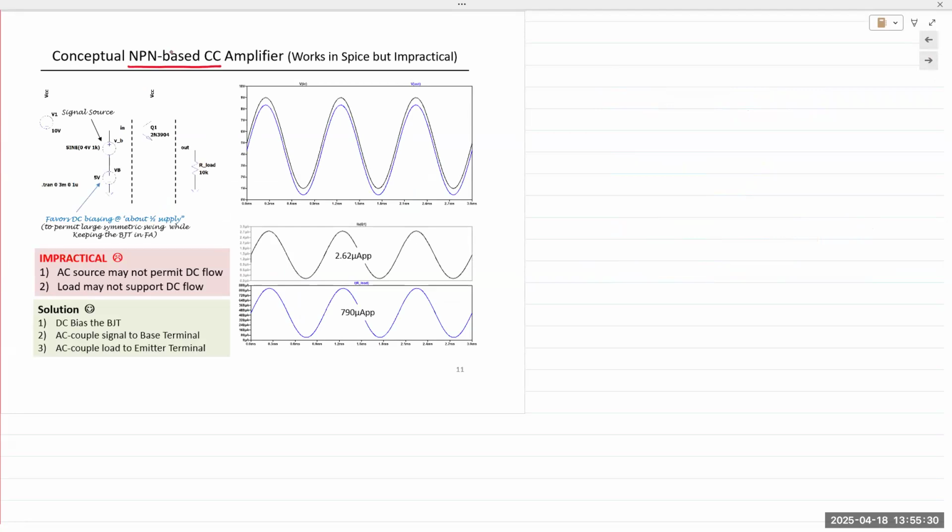The computer simulation would work, but it would not work in practical life because of the biasing conditions, meaning the AC source applied on top of the DC input may block the DC. On the output side, the DC could get blocked. And so it's not a very good configuration.